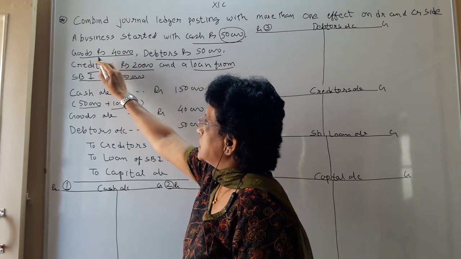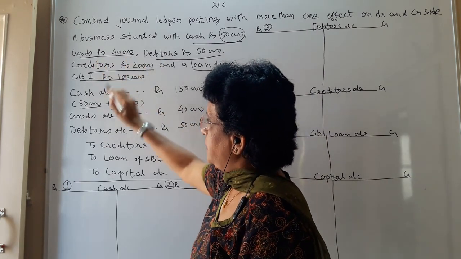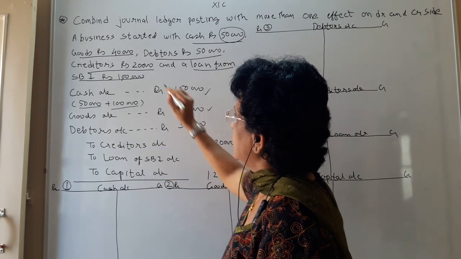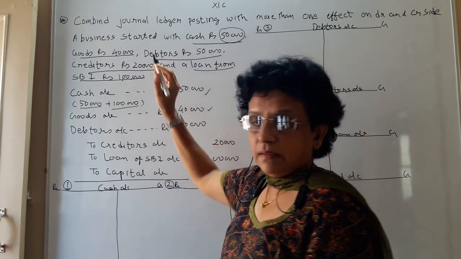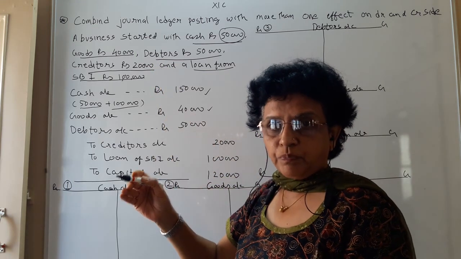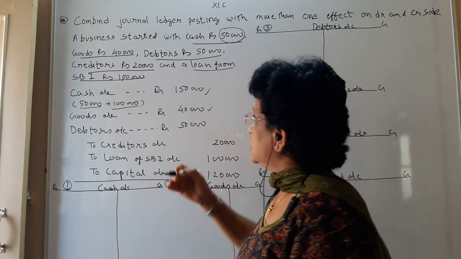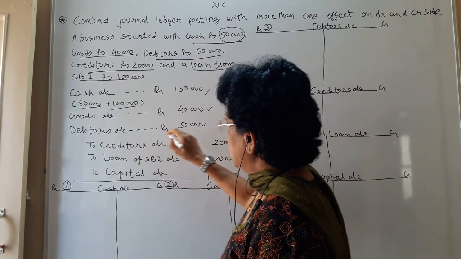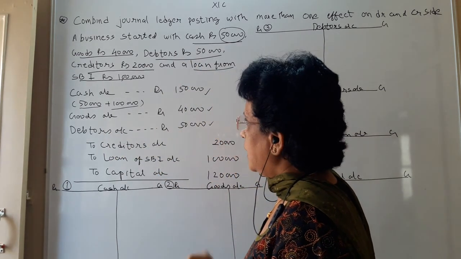Second, the goods. Goods come in, so the goods account is debited 40,000. Then the debtors. Debtors are your asset, your receivables, so you have a debit effect for the debtors. The debtors account is debited 50,000.